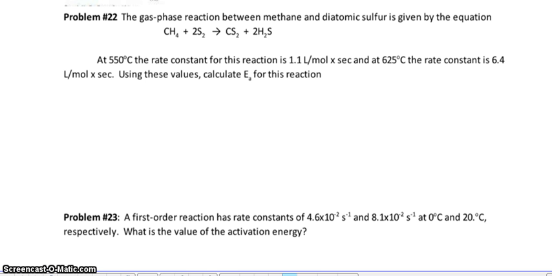So in my math, I solved for A and made that equal for the two conditions, where the temperature of the first one is 550 and the temperature of the second one is 625. So why don't you pause this and work on it. It's probably going to take you several minutes, at least I would guess 5 minutes. Then come back and turn this back on, and the answers will again magically appear.